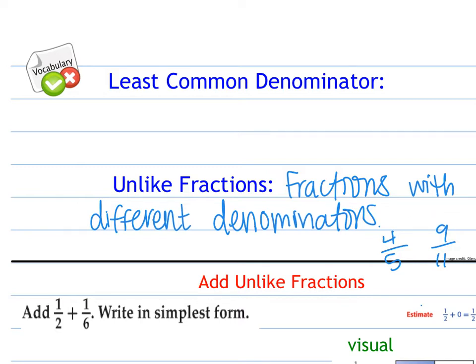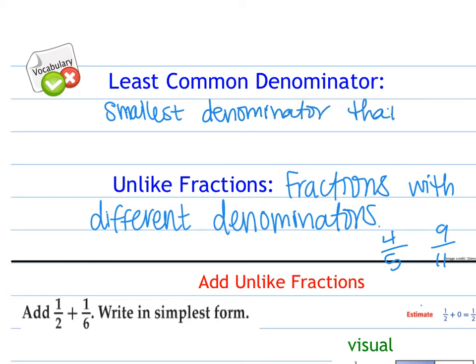Least common denominator is the smallest denominator that the fractions have in common.